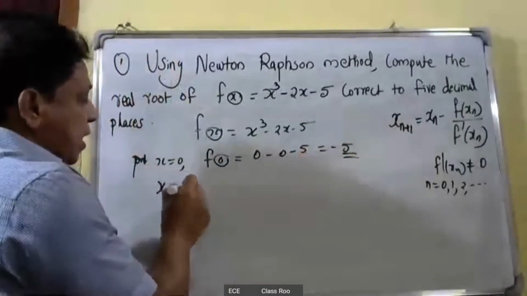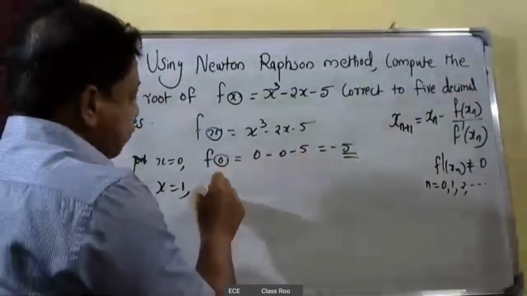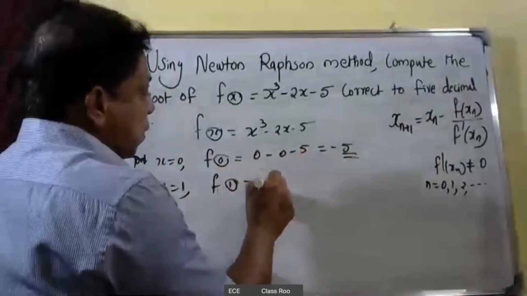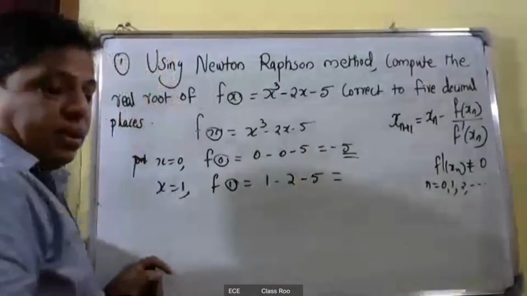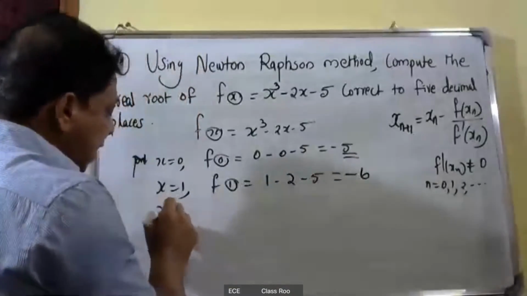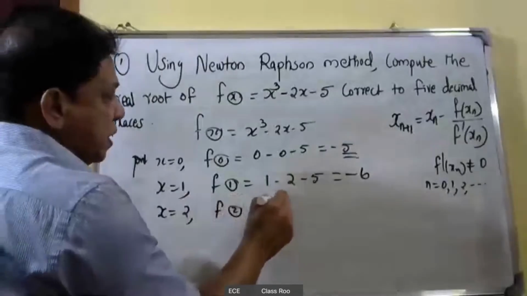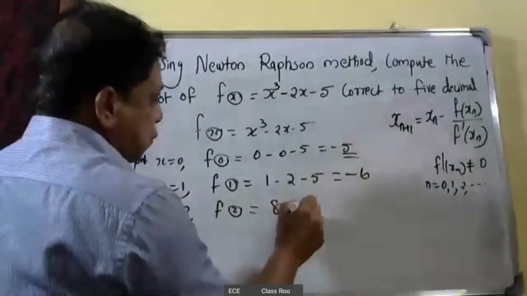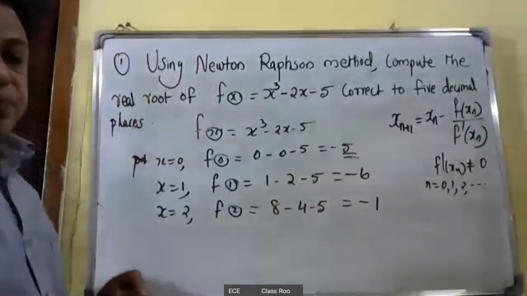Next, put x is equal to 1, we get f of 1 is equal to 1 minus 2 minus 5, that is minus 6. Then x is equal to 2, we get f of 2 is equal to 8 minus 4 minus 5, that is equal to minus 1.